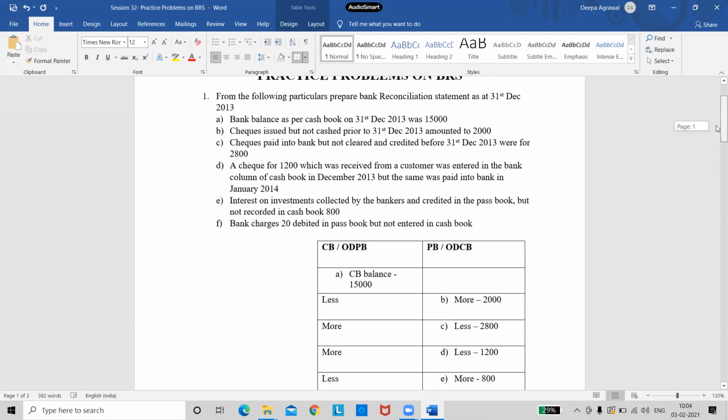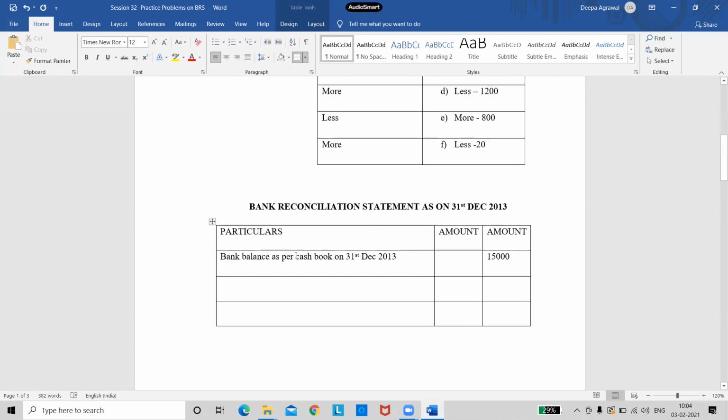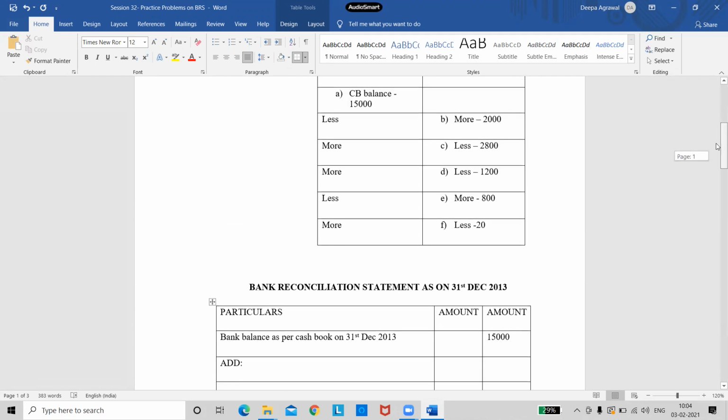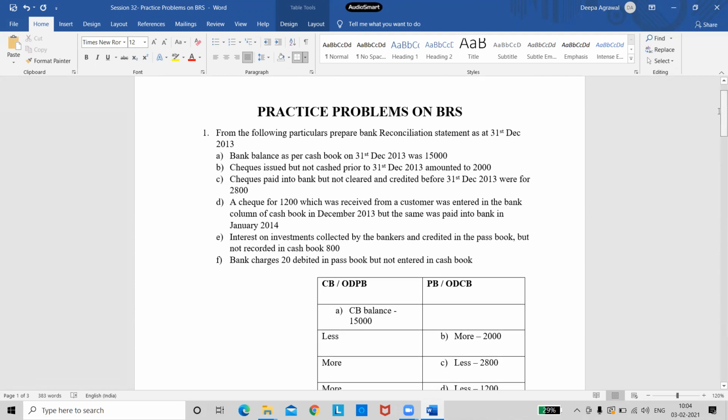I have written B bit here so I can see in the problem what is my B transaction. Right. So now which are to be added. After writing the balance, I will put the heading here as add. And below this heading, I will note down all the transactions which are to be added. So first I am adding the transaction related to B bit. See my B bit here, just copy down this transaction.